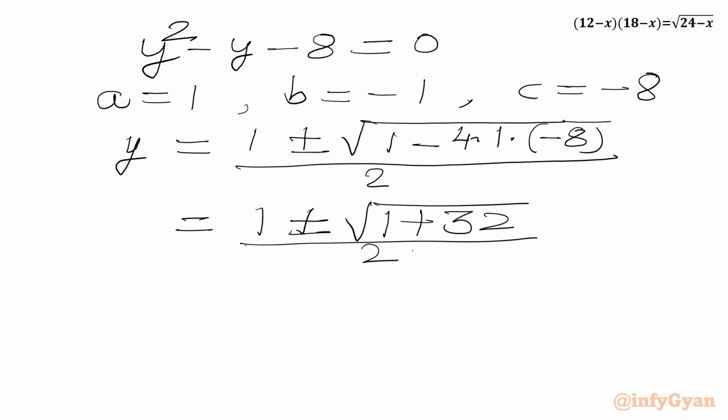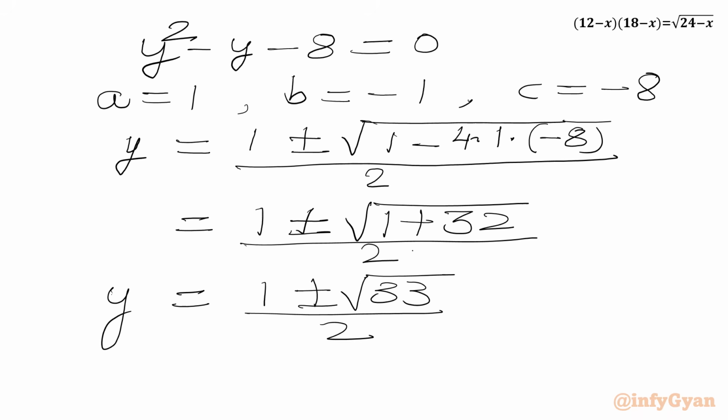which will be equal to 1 plus minus square root of 1 plus 32 over 2, which will be equal to 1 plus minus square root of 33 over 2. So in total we have 4 y values.